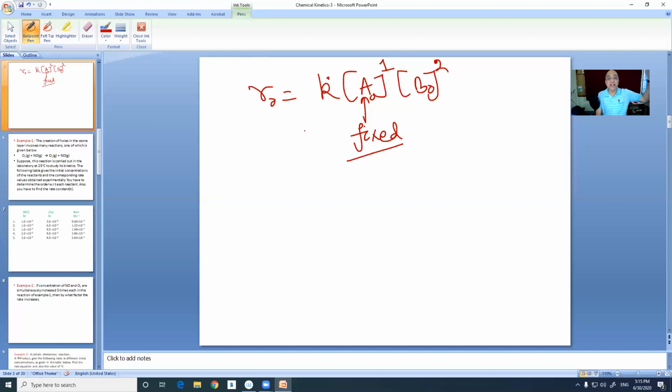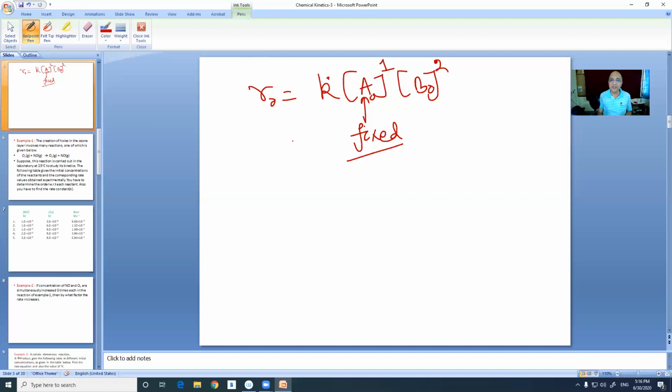If the rate increases by square times, it is second order. If n times is the increase in the concentration of the reactant and the same n times is the increase in the rate, then it is first order.